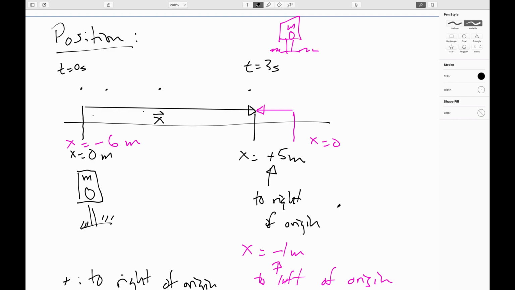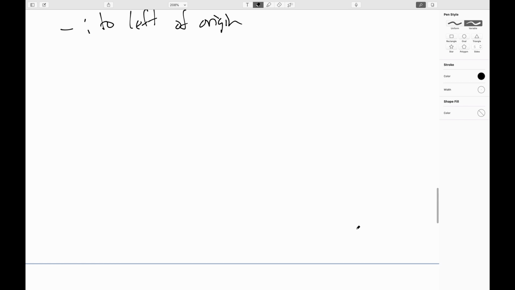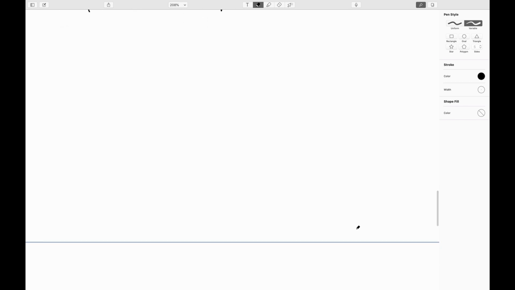But when we're describing how things are moving in nature, one would hope that the laws of nature should not depend on us choosing where to put the 0 meter marker. And it turns out that a quantity that is more fundamental is something called the displacement.